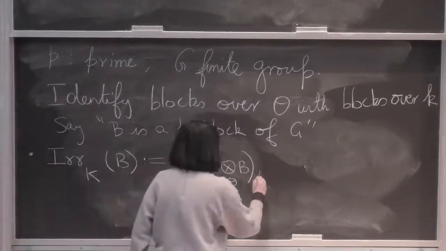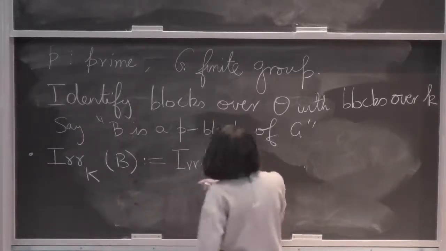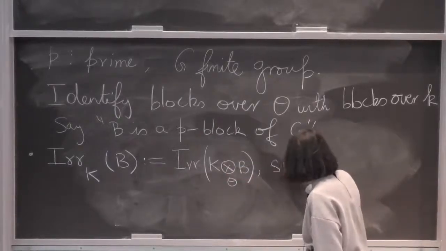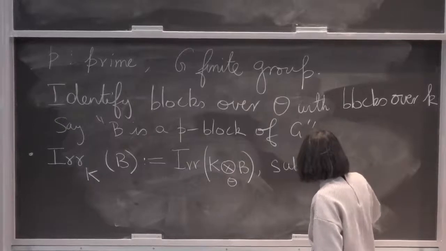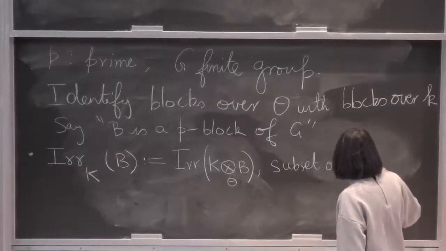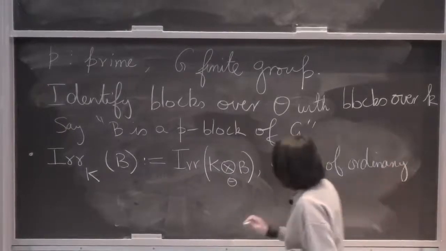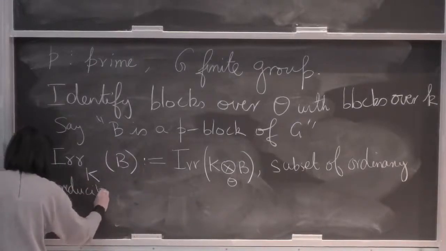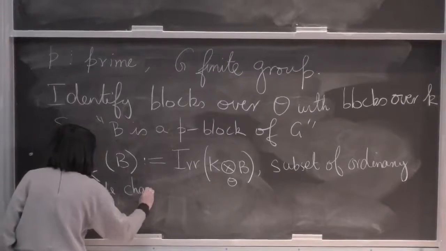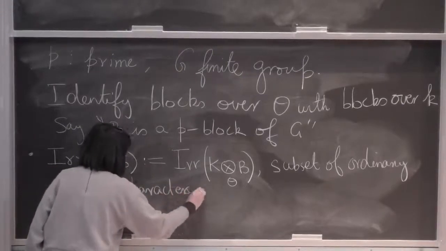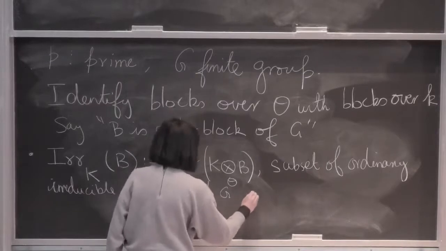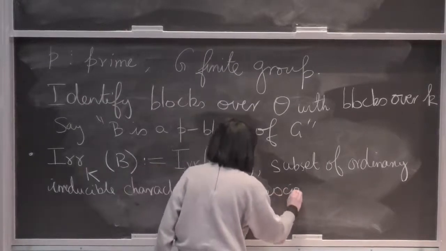And what is this? This is the irreducible simple modules of this semisimple algebra, or for today, let's just think of this as the subset of the ordinary irreducible characters of G which belong to B, or associated to B.